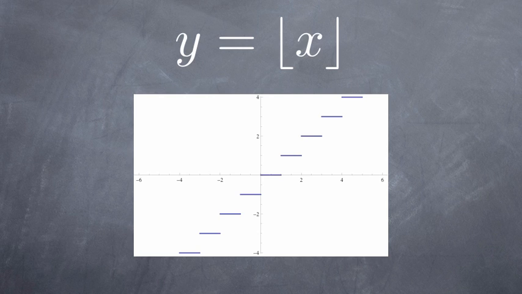The way this graph works is it's going to round down to the biggest integer that's less than or equal to whatever value of x is. So for example, if x is 2.6, then our y value is going to be 2. If x is negative 1.3, then it's going to round down to negative 2. If x is just an integer already, say 5, then it just leaves it.